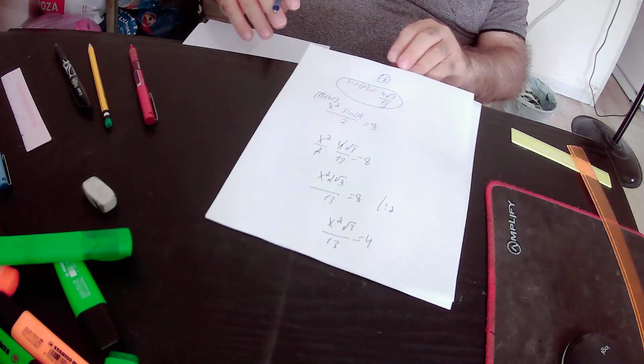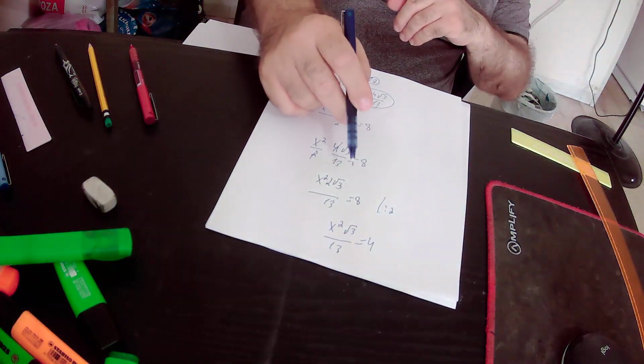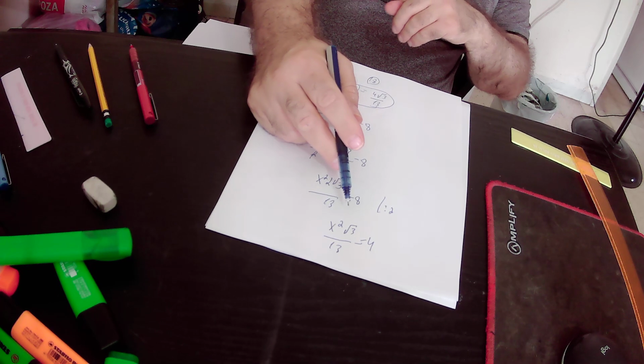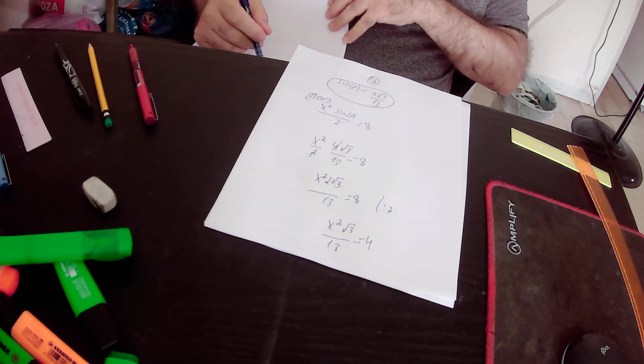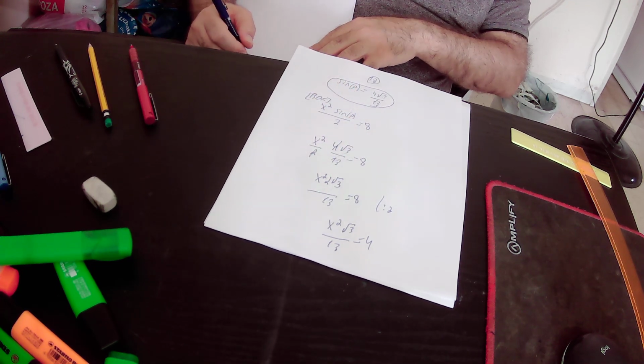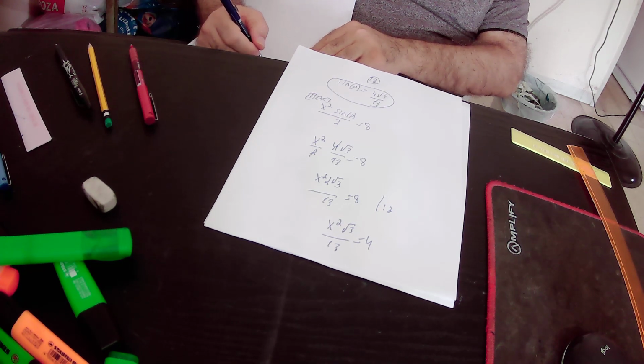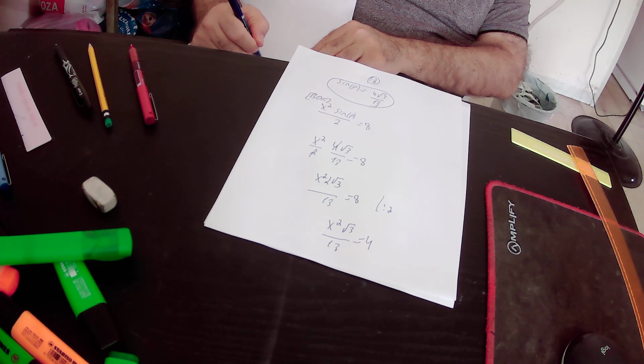So here we will multiply this equality by 13, and then divide it by root 3 in order to get the value of x squared. So x squared equals 13 times 4, which is 52, over root 3.